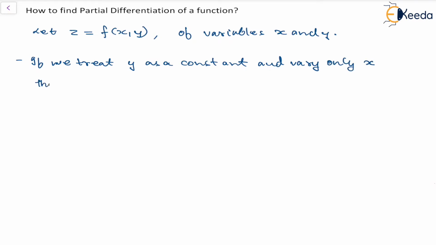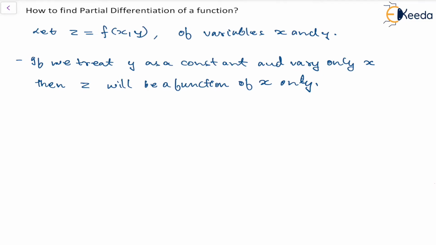Then this function z with the variables x and y will be a function of only x, because we are not changing the y value and we are keeping it as constant.